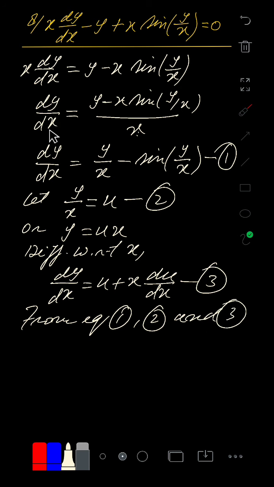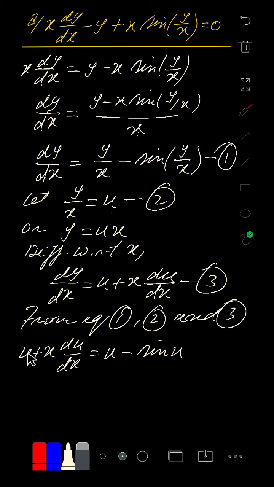If we replace dy upon dx by the expression u plus x du upon dx, because this is exactly equal to dy upon dx from equation number 3, here in equation number 1, we have u plus x du upon dx is equal to, on the right-hand side, y upon x taken as u from equation number 2, so we have u minus sin u.